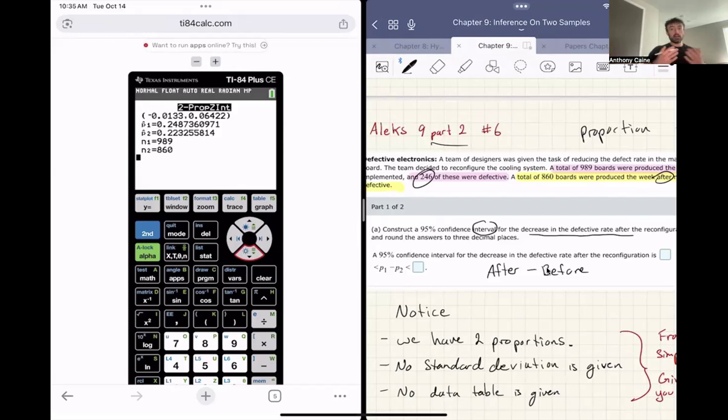And I was just carelessly entering stuff. The first values that I entered, which would correspond to P1, were the stuff highlighted in pink. That's the before values. So this interval that I just found is doing before minus after.